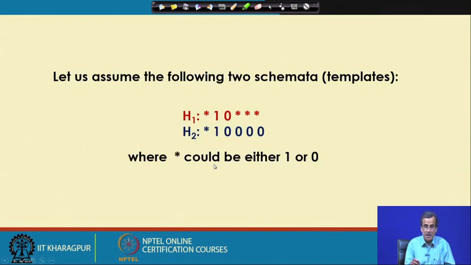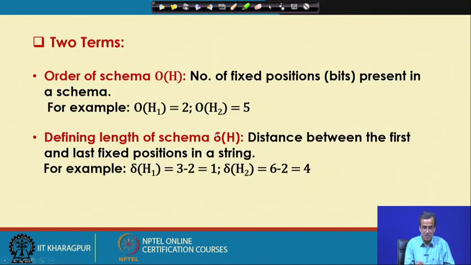Similarly, for H2, the last fixed bit is at the sixth position, and the first fixed bit is at the second position. That means 6 minus 2, that is 4, will be the defining length for the second template. So, delta H1 is equal to 3 minus 2, equal to 1, and delta H2 is 6 minus 2, which is equal to 4.